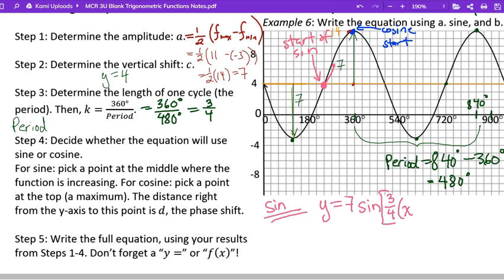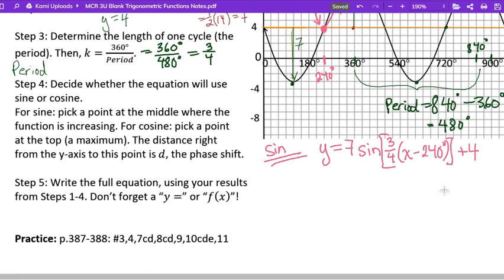How many? 180 plus 60. This here is 240 degrees. Because it's moved to the right, I go x minus 240 degrees. And then my vertical axis is plus 4. So this is my phase shift.